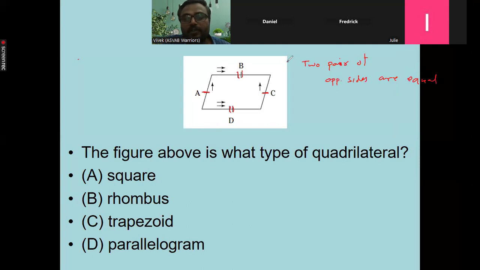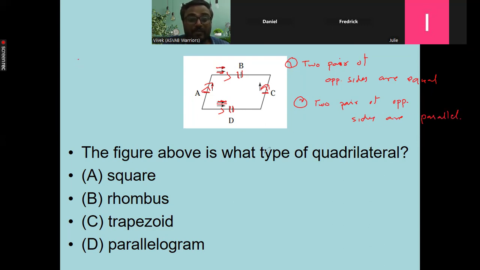That is what I can see at first instant. The second thing I can see is that there are two arrows. What does that mean? This line is parallel to this line and this line is parallel to this line. So two pairs of opposite sides are parallel as well. So this is nothing but a parallelogram. If you remember, opposite sides are parallel and equal. So the correct option is option D.